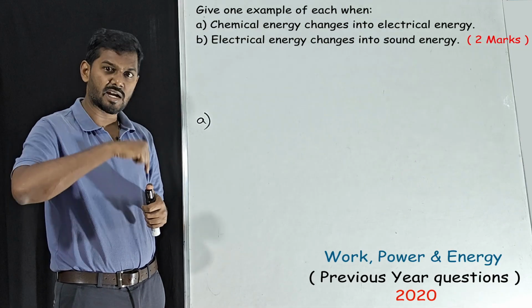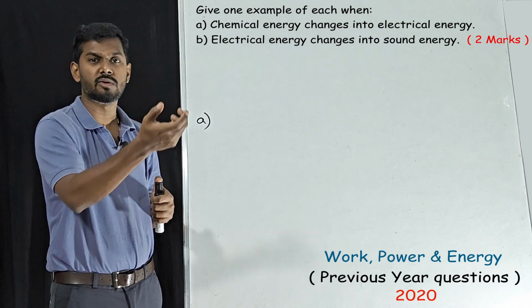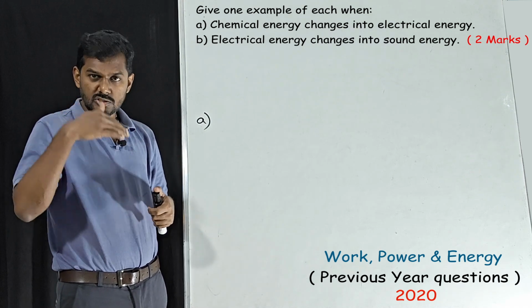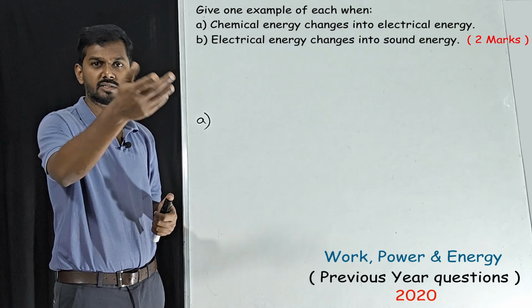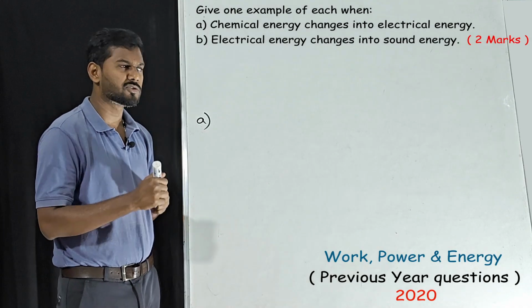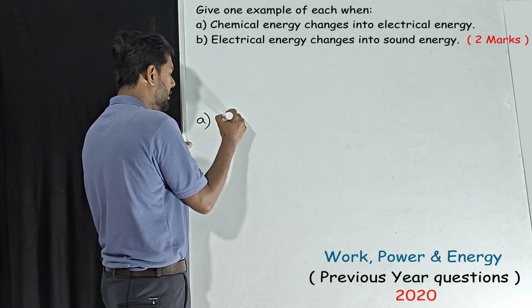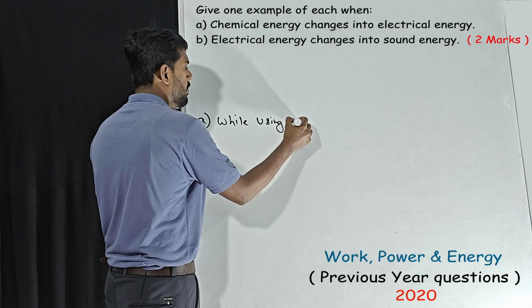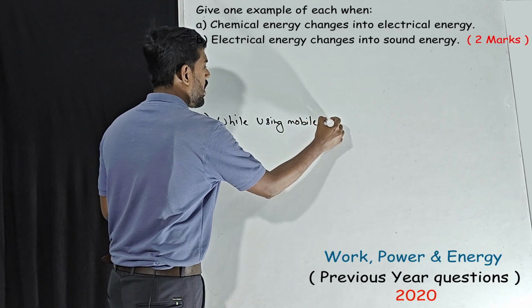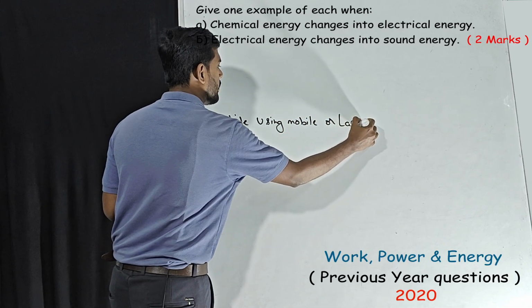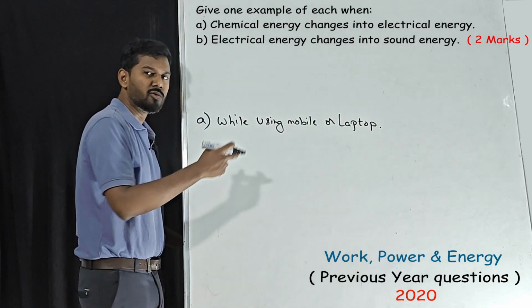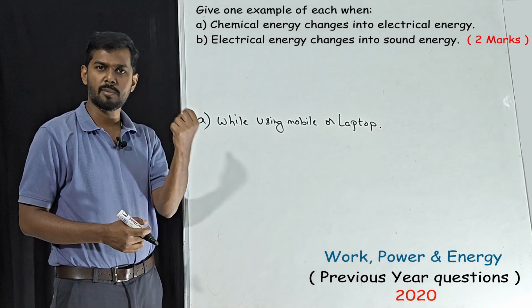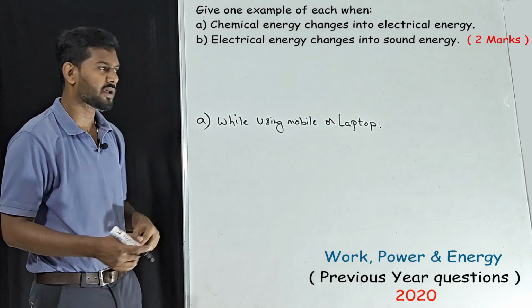While charging it is electrical to chemical. While using the mobile phone, the stored energy is converted into electrical energy. That is an example for this question: while using a mobile or laptop, the stored chemical energy in the battery is converted into electrical energy.